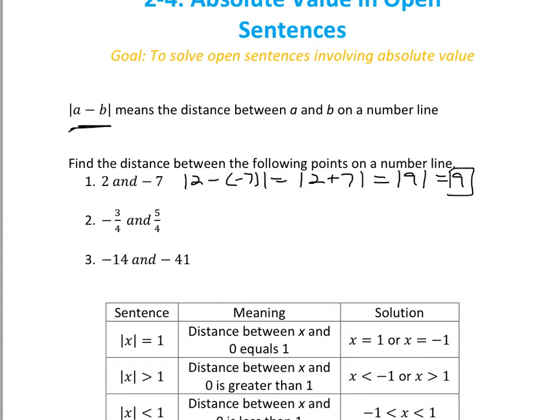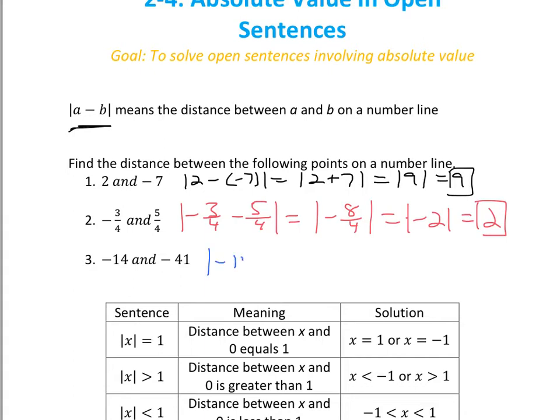All right, for the second one, we're going to make it a little more complicated with some fractions. Luckily they have the same denominator, so it's -8/4, which is the absolute value of -2, which we know is 2. And the last one has a little tricky negatives, minus -41.